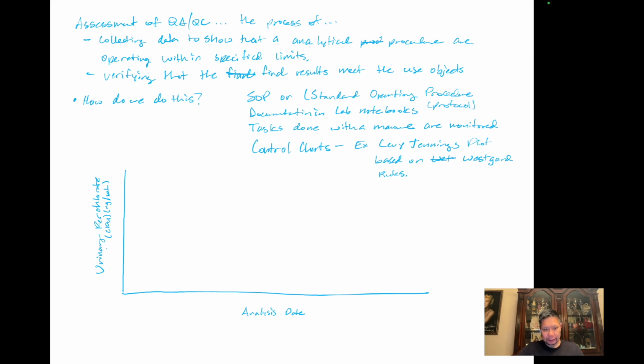That should be milliliters right there, not microliters. It almost looks like I wrote volume there. Let me just write that again. There we go.